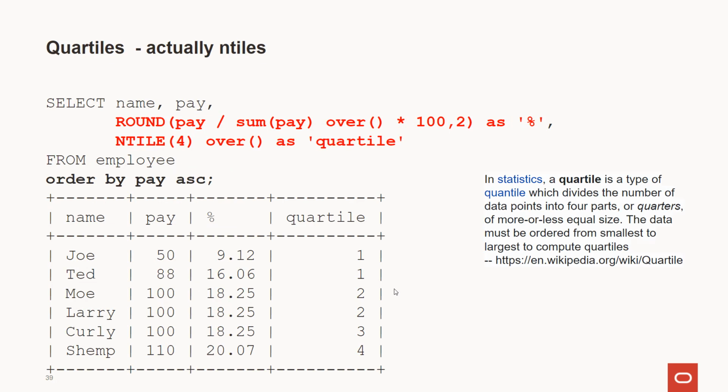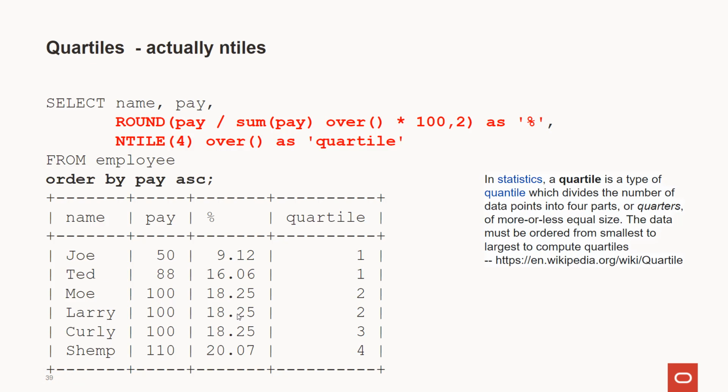Now, let's work out a quartile. The function is ntile, and if you put in 4, there's 4 of them, so you can call that a quartile. So if you put the people into a histogram, our 6 people here, people in the first quartile are going to be Joe and Ted at 9.12 and 16.06 of the total percentage of the payroll.